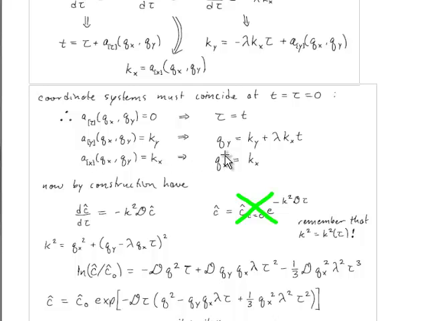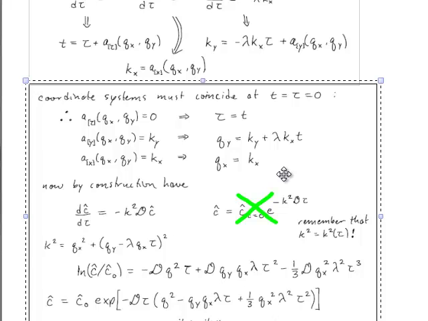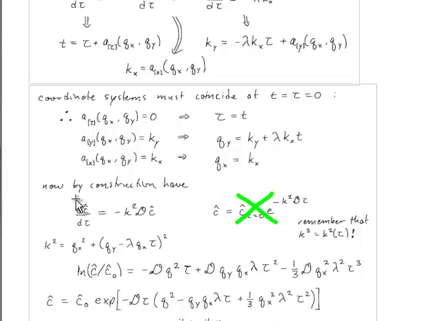And that says that you have qy is ky plus lambda kx times t, and qx is just equal to kx. Okay, so notice this now is the correspondence. This is going from the original Fourier transform variables on the right to the new method of characteristics variables on the left. Okay? So by construction, what we've done is we've collapsed our partial differential equation into this object.